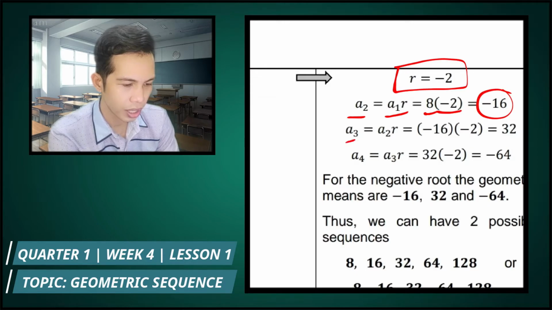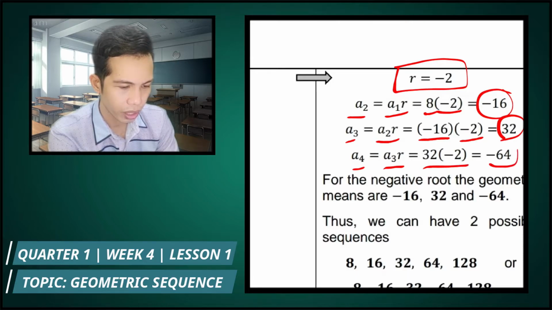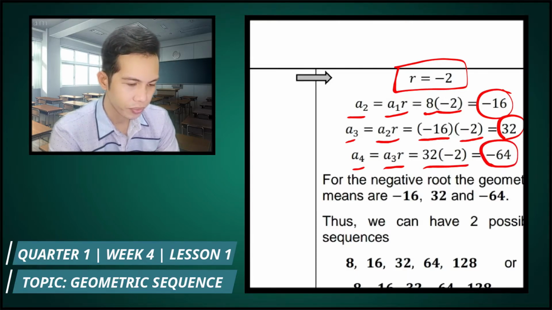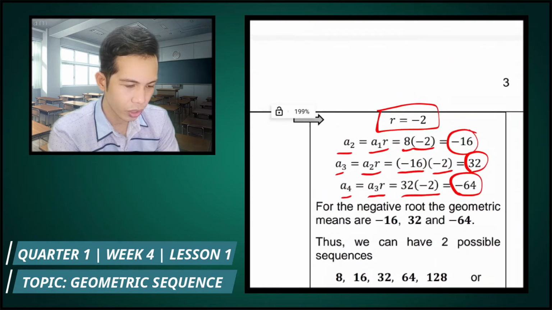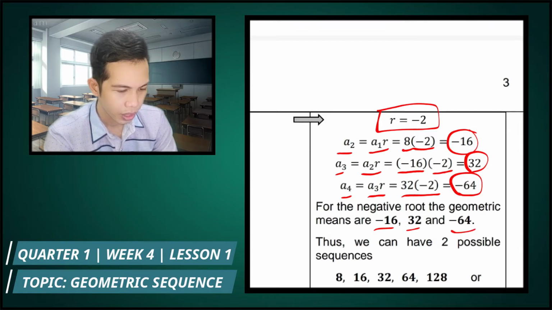For a sub 3, we have a sub 2 times r, which is negative 16 times negative 2, that is 32. And a sub 4 is equal to a sub 3 times r, that is 32 times negative 2, equivalent to negative 64. So for the negative root, we have negative 16, 32, and negative 64.